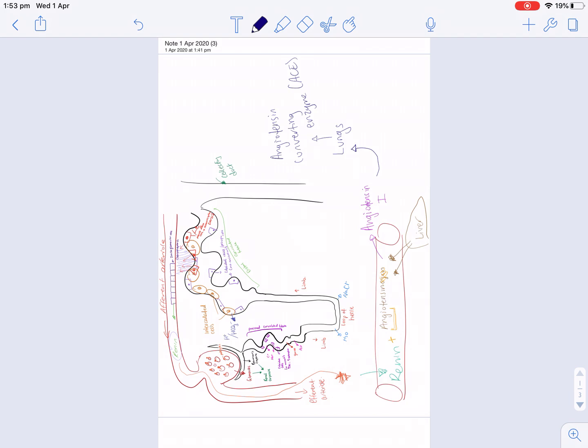And this converts the angiotensin 1 to angiotensin 2. So this angiotensin 2 now will have a cascade of effects to increase our blood pressure in response to stimuli that are telling the body that there is a decrease in blood pressure. So this is basically to maintain homeostasis.